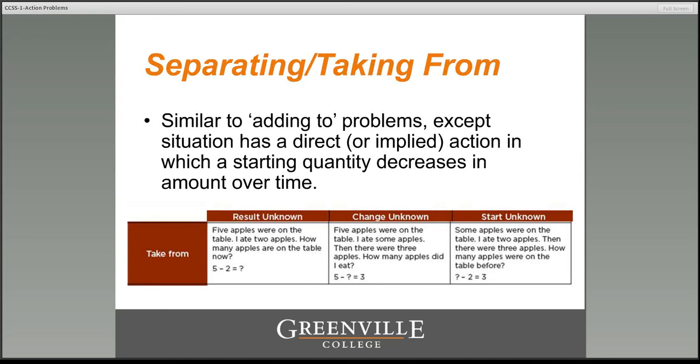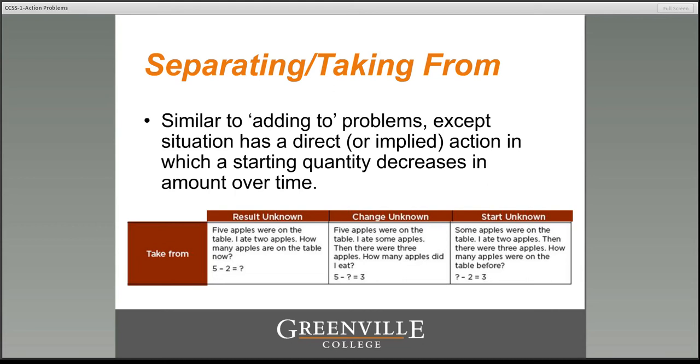In the same way that adding to problems were not synonymous with addition, taking from problems are not synonymous with subtraction. If you look at the examples shown here, note the situation equations. These equations allow us to examine the differences in how the problems are structured.